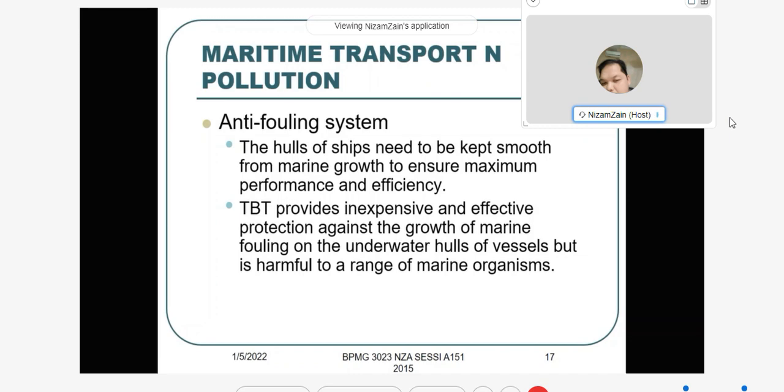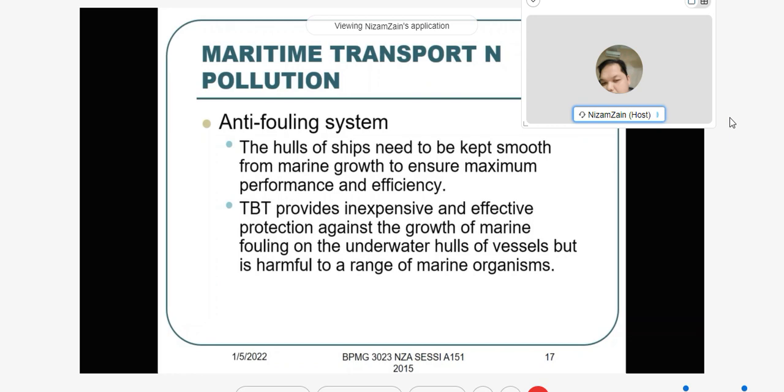Yeah? That's why IMO, based on their motto, is safety and security: the ship, the people, the crew, the cargo, and also the environment. So this fits the purpose of IMO, regarding the carrying of seawater.